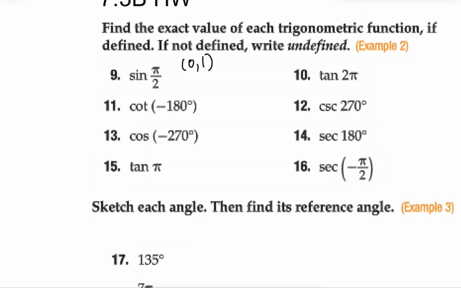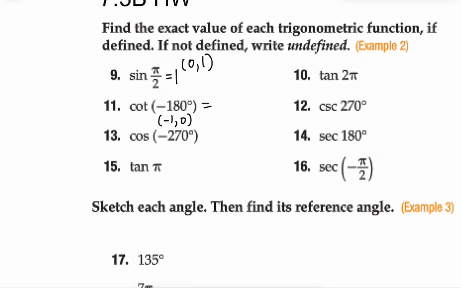So I want to see 0, 1, and I want to see that that's equal to the 1. So I want the point and the value. Negative 180 is the same as positive 180. It's just looping backwards. So the point there we can write down at negative 180 is negative 1, 0. So write down the point and then do the value.